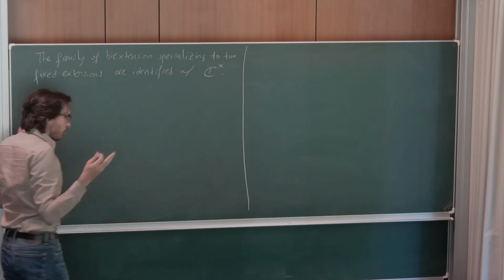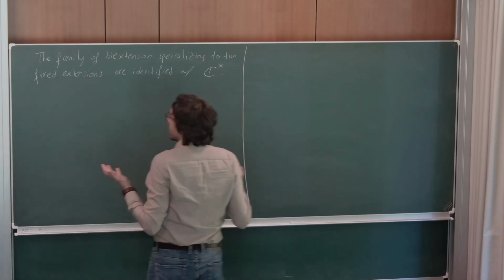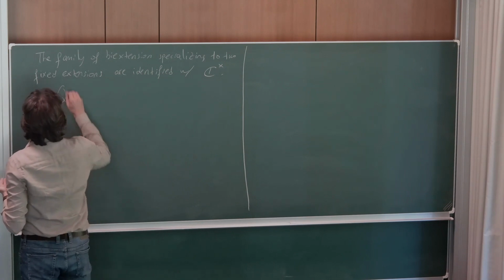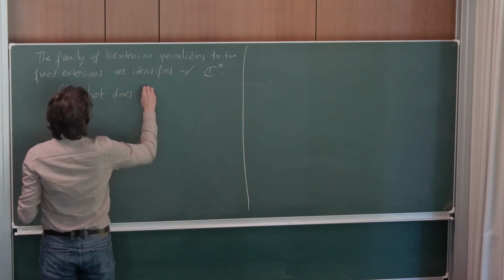I'll talk about this total family later on, but given these two extensions, there is another family of bi-extensions. And then the question is, what does this extra information give us?